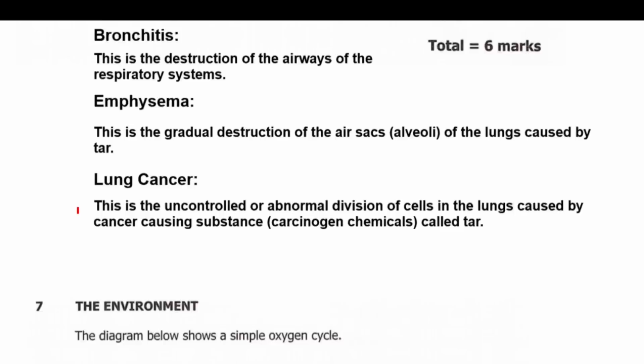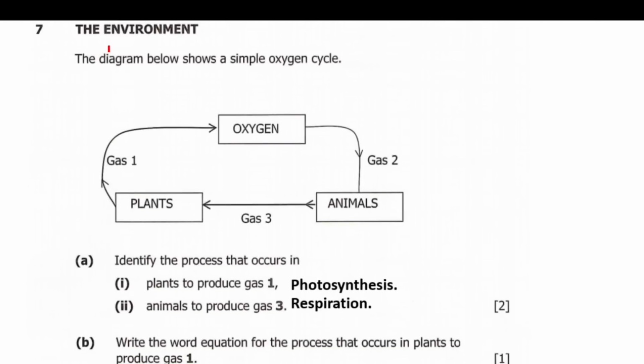Let's continue. 7 is on the environment. The diagram below shows a simple oxygen cycle. We have plants producing gas 1, which is oxygen here. Then gas 2 goes into plants. Plants produce another gas.